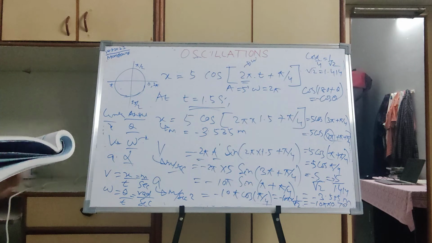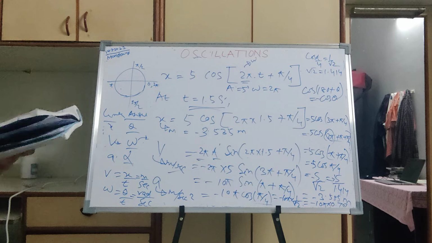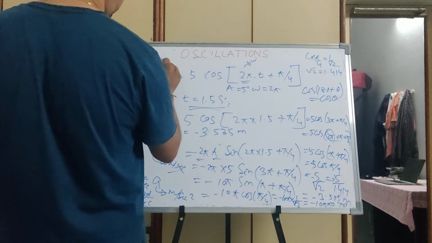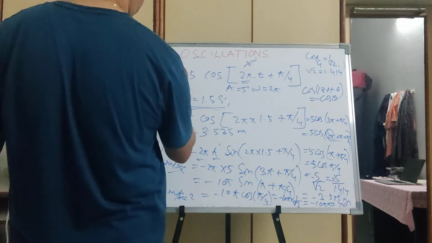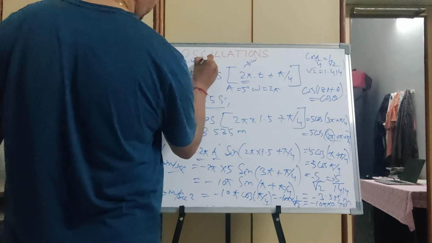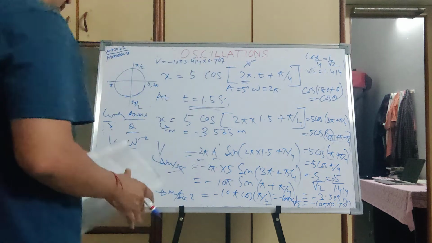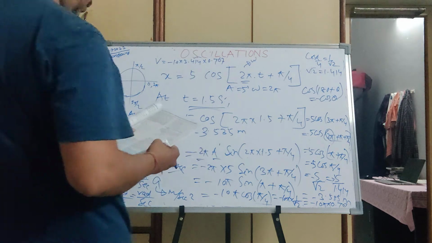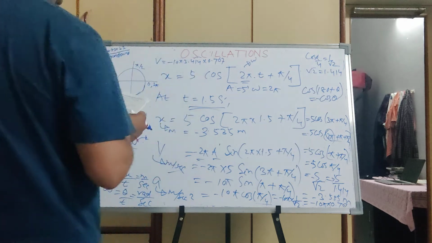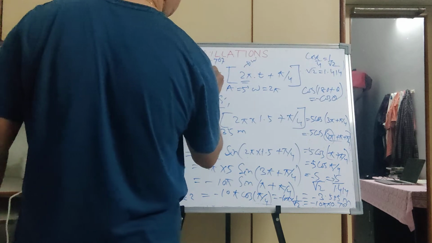So 10 pi is nothing but 31.4. So velocity is equal to minus 10 into 3.14 into 0.707. So how much does it come out to be? 10 into 3 is something around 30, so it comes out to some 22 meter per second.